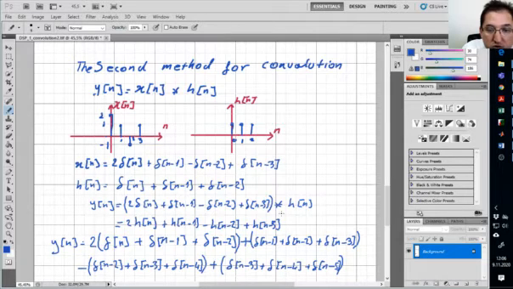Delta[n] convolved with h[n] is h[n]. H[n] convolved with delta[n minus 1] is h[n minus 1], and delta[n minus 2] convolved with h[n] is h[n minus 2], and delta[n minus 3] convolved with h[n] is h[n minus 3].